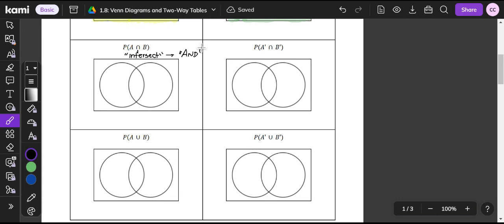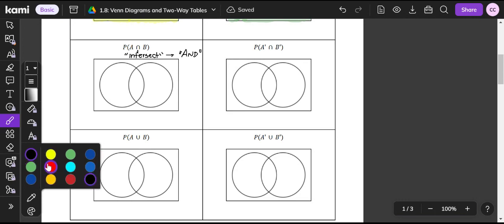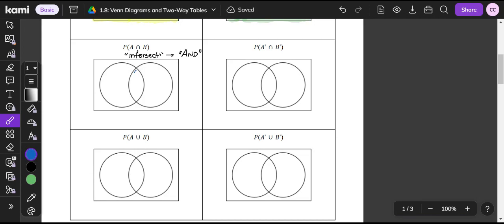So the probability of A and B, well, that is wherever both of those circles overlap. All right, so that would be in here. That is the only section of this diagram where both A and B are happening.